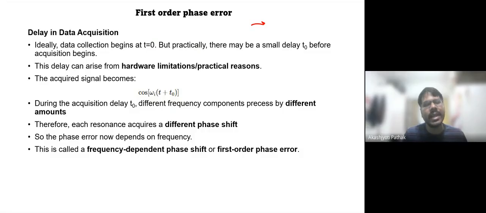This delay can arise from hardware limitations or practical reasons. So earlier it was cos(ωI t), but because of the delay in acquiring the signal, a time t0 is added. The acquired signal now becomes cos(ωI (t + t0)).